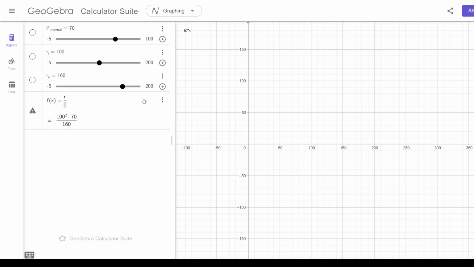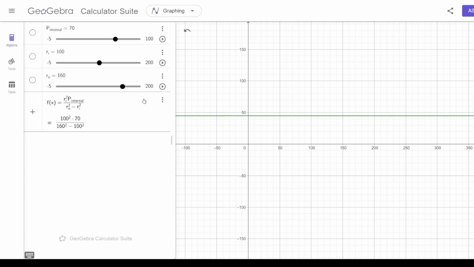So Ri squared times p internal. This is going to be our outer radius squared minus inner radius squared, plus another fraction that is going to be our internal squared times our external squared times p internal, divided by, again, the sum of the squares minus Ri.